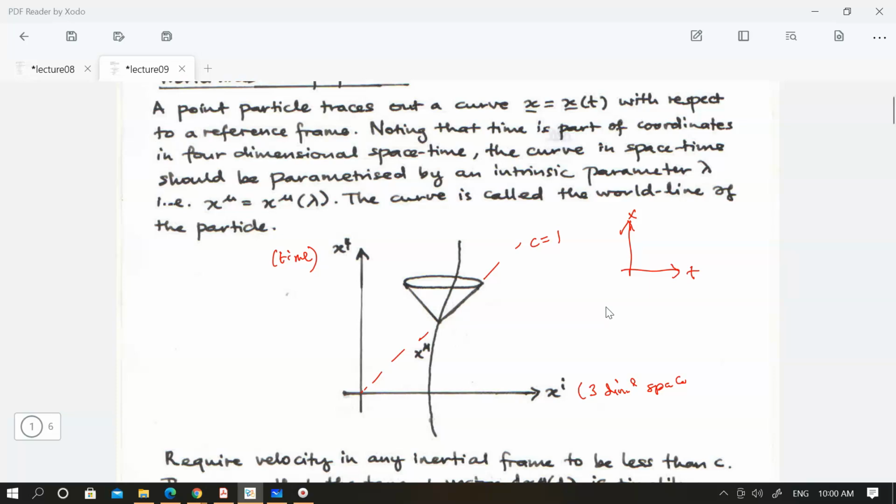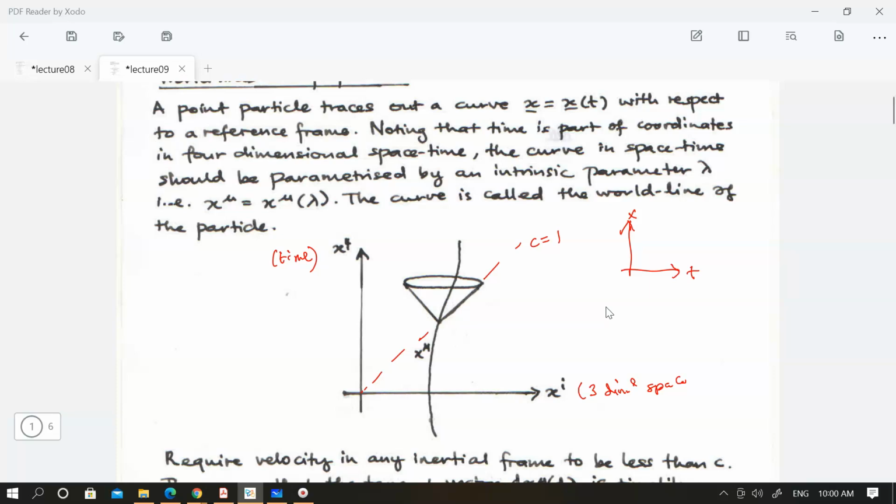It's a one-dimensional curve. One has to think of this as a one-dimensional curve inside a four-dimensional space, and for that curve, the effective variable parameterizing the curve is only one single parameter. So this gives you this particular curve.